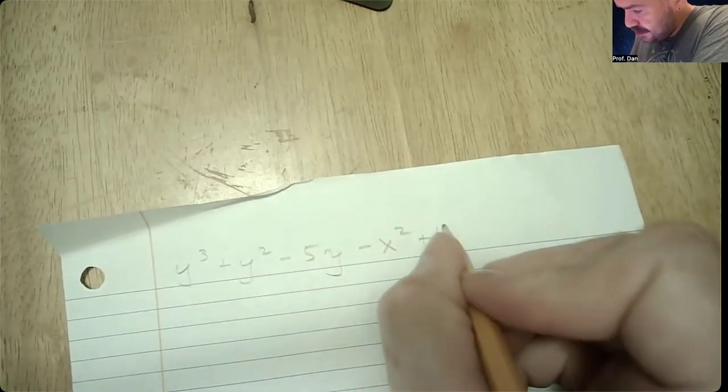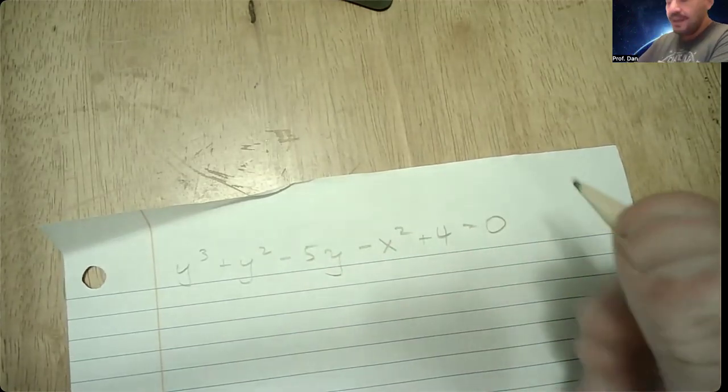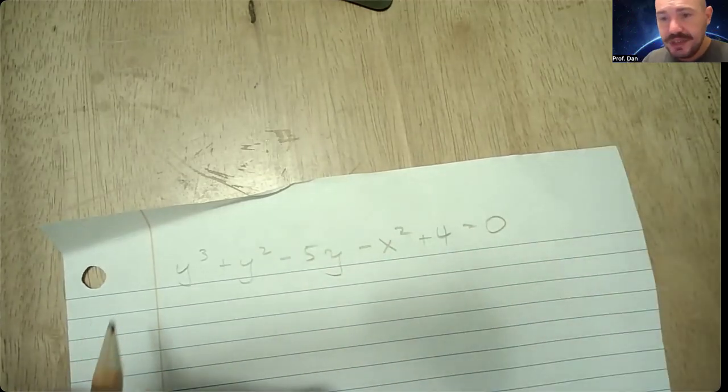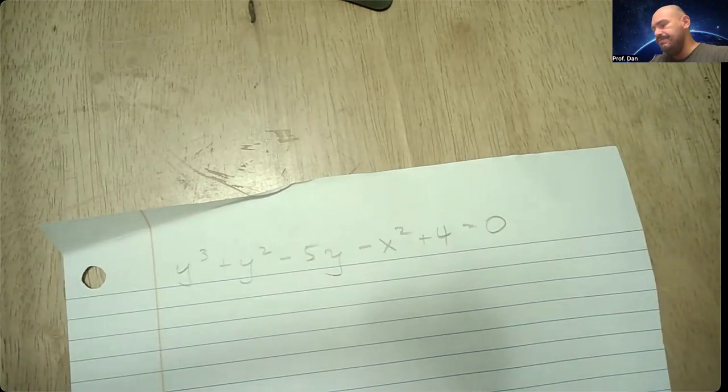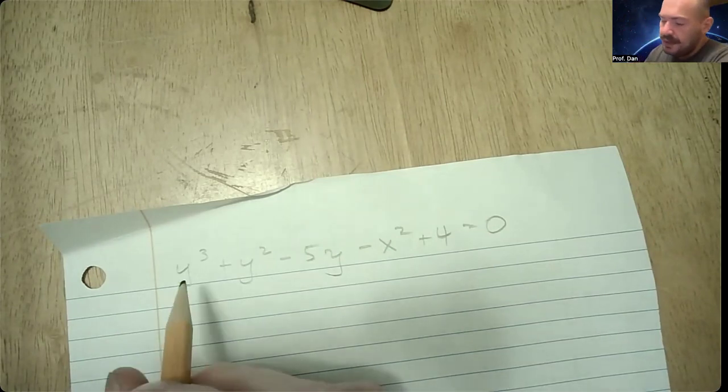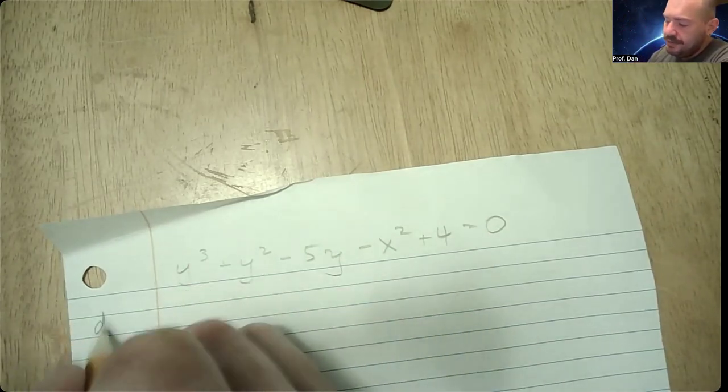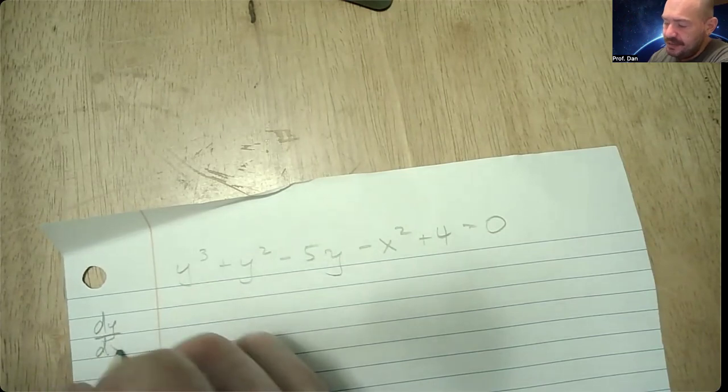And this one is also in the notes, right? And let's say that I want to solve for dy dx by using implicit differentiation. Remember what that actually means.